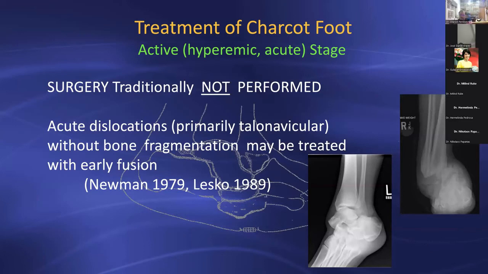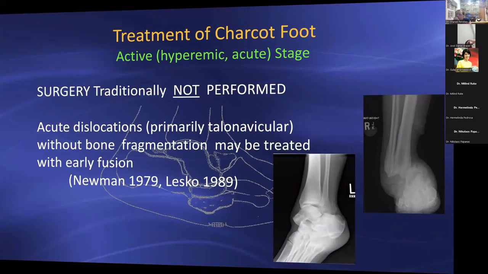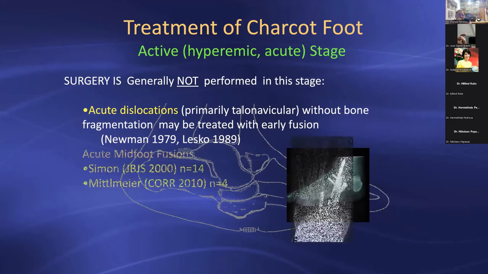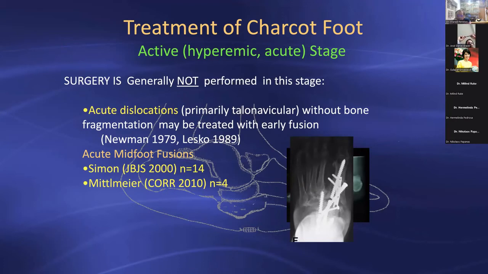Acute dislocations can be managed acutely with arthrodesis and stabilization. Acute dislocation, again, we often see that in the ankle, or more commonly in the talonavicular joints. There have been several reports of acute midfoot fusions. This is by Simon, published in 2000, but only 14 patients, and Mittelmeyer in 2010, only 4 patients.